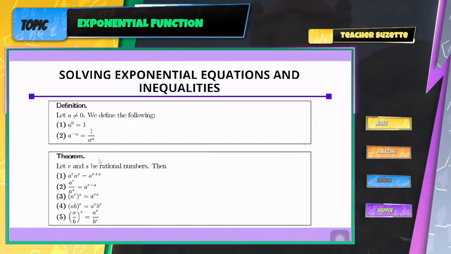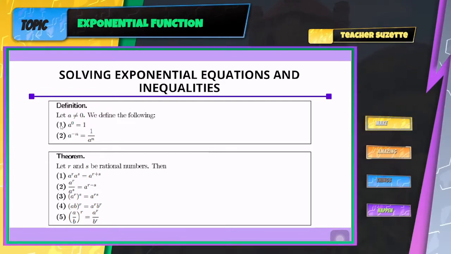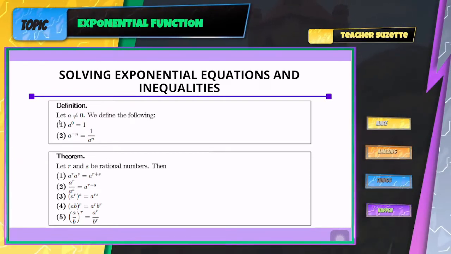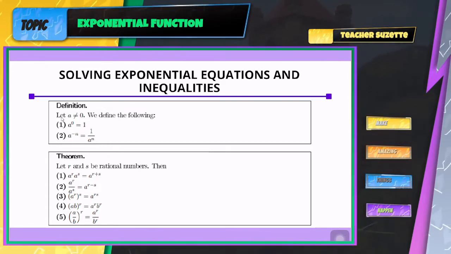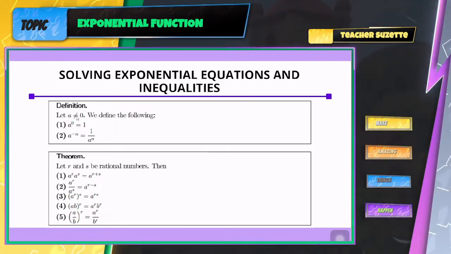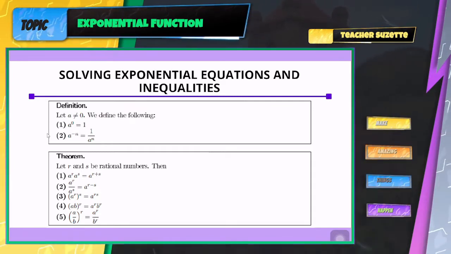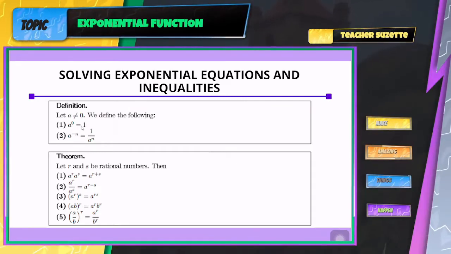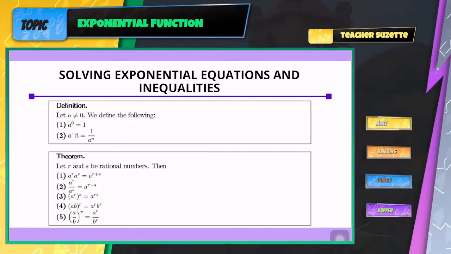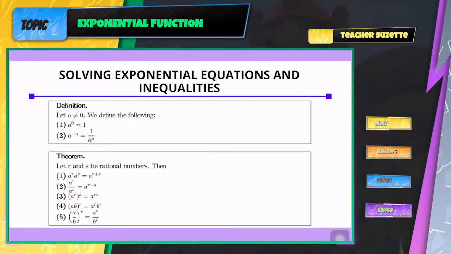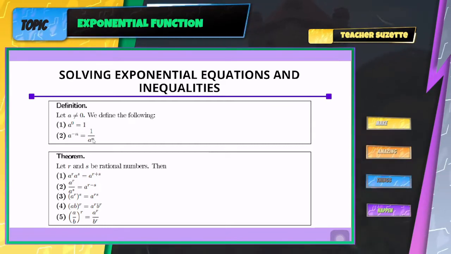So here are the definitions na dapat po ay alam nyo na at I hope na na-mention last time sa inyong mga previous videos. So sabi daw po, if you let a be not equal to 0, we define the following as a raised to 0 is equal to 1 and a raised to negative n is equal to 1 over a raised to n.